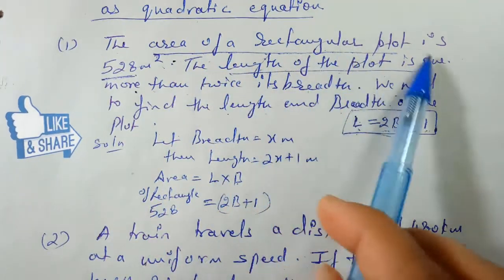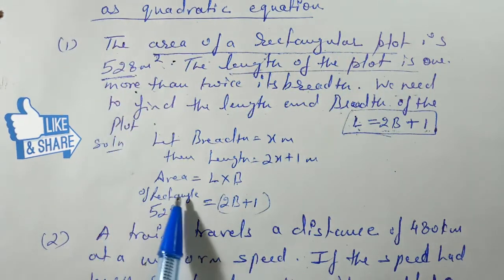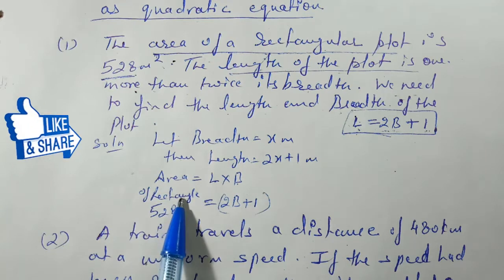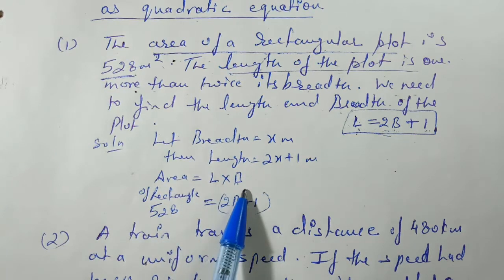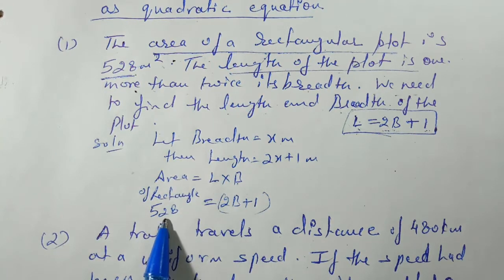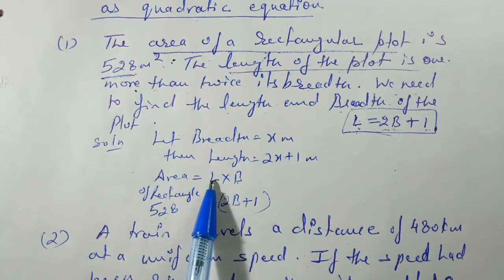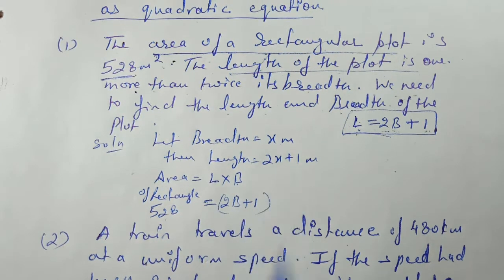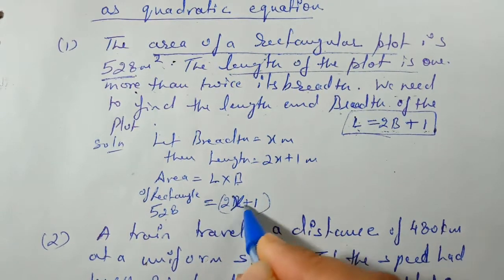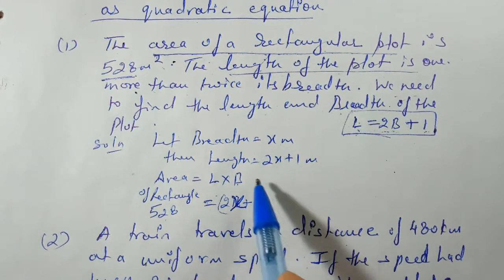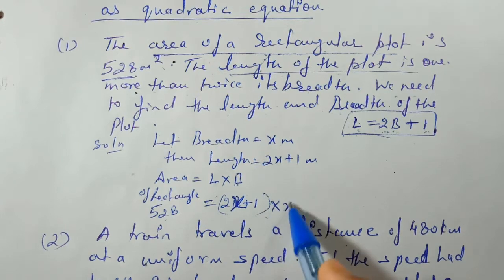Since the area of the rectangle is given as 528, we use the formula: area equals length into breadth. So 528 meter square equals the length, 2x plus 1 within brackets, into the breadth, x.